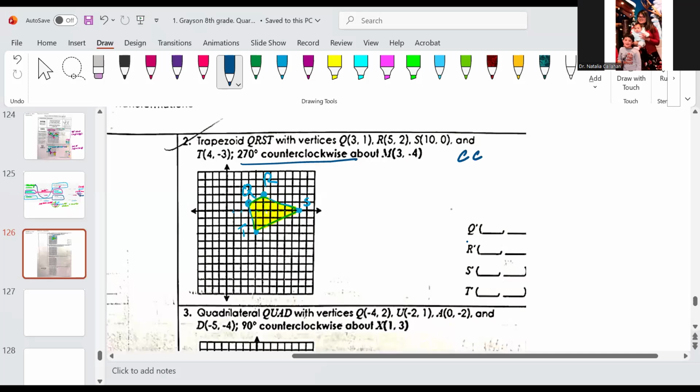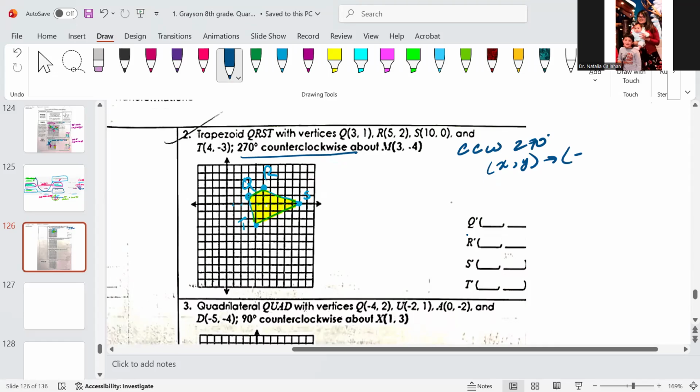Okay, so if it's counterclockwise 270 degrees, what's the formula? X, Y, and what is it? Is it negative y, x, or what is it? Counterclockwise, is it positive y and negative x?